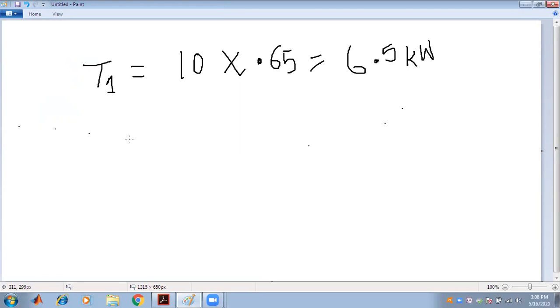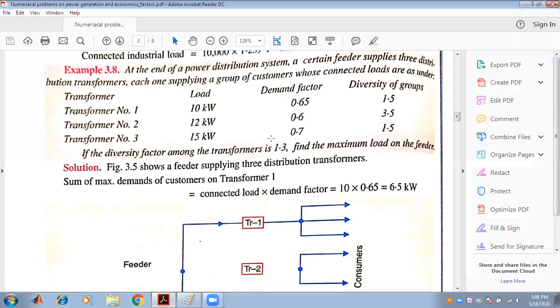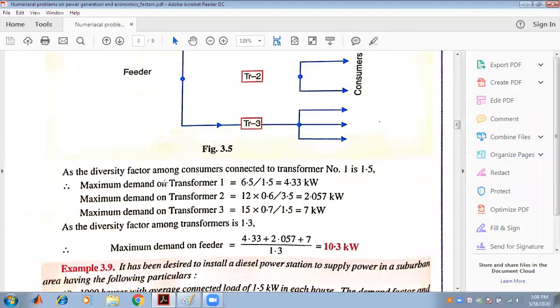Now, it is given in this problem that the transformer belongs to diversity group 1.5. So the diversity factor among the consumers connected to transformer 1 is 1.5.